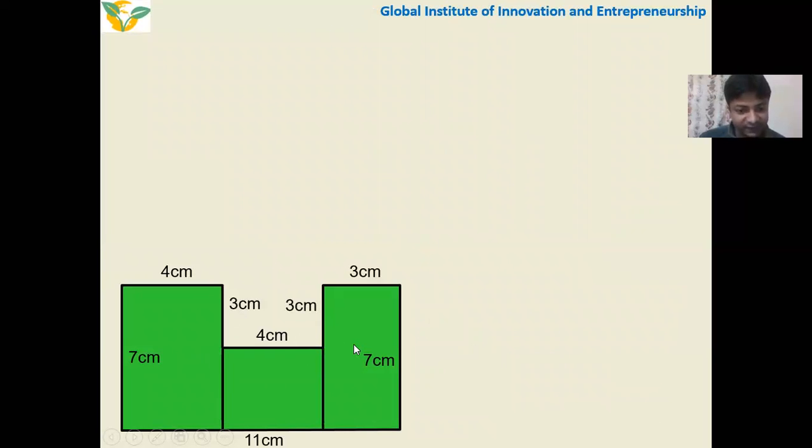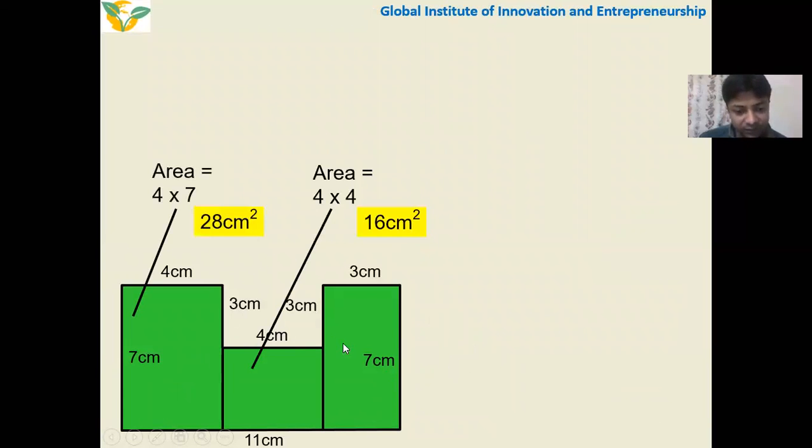By drawing lines. Here you will draw a line. This will be a rectangle. Again, you will draw a line, and this will result in another rectangle. So there are three rectangles which you will get, and by calculating the area of these three rectangles, you will get the area of each figure, and by adding them together, you will get the area of the composite figure.